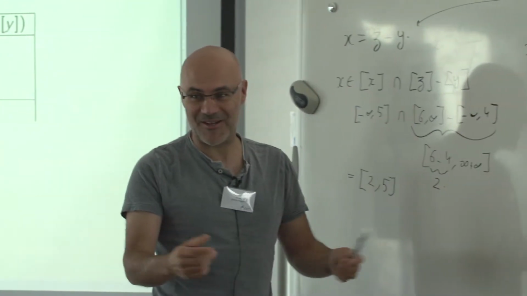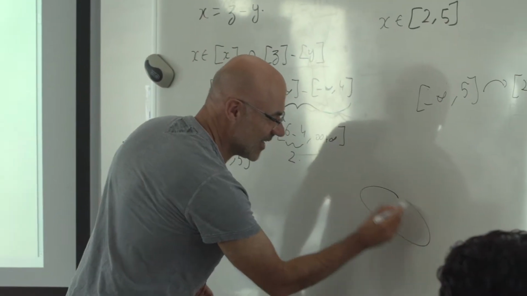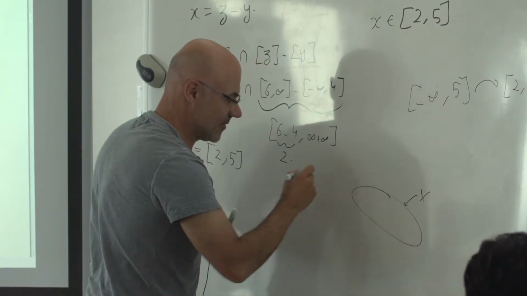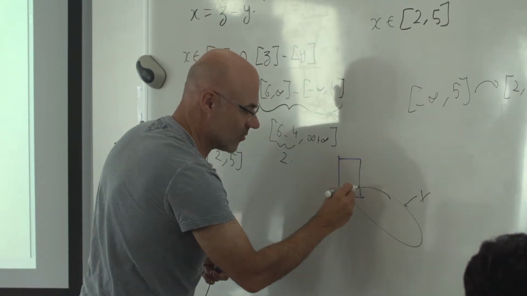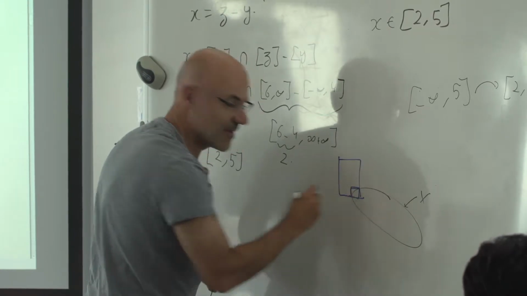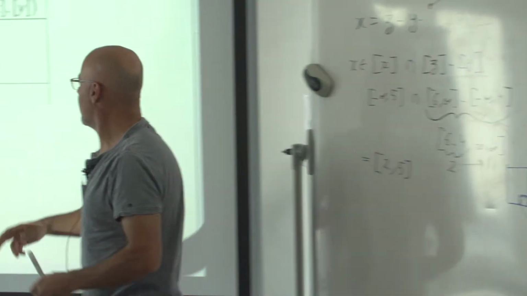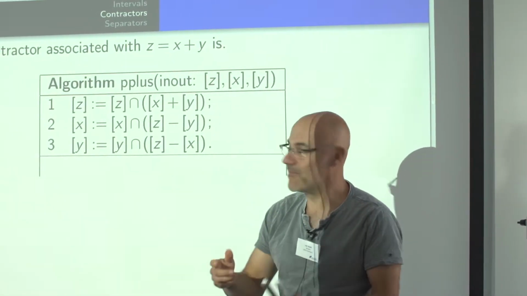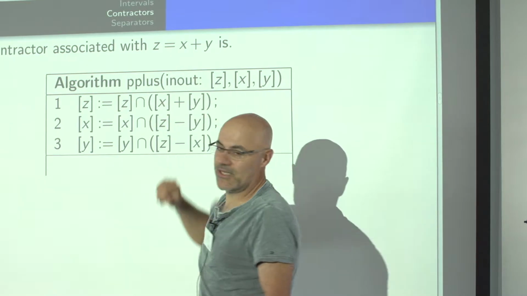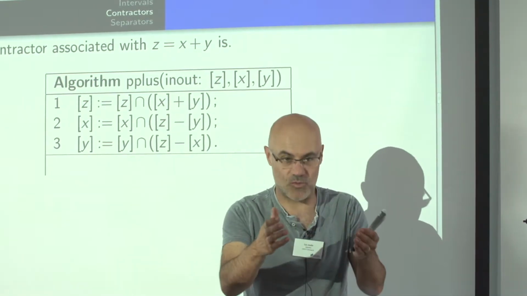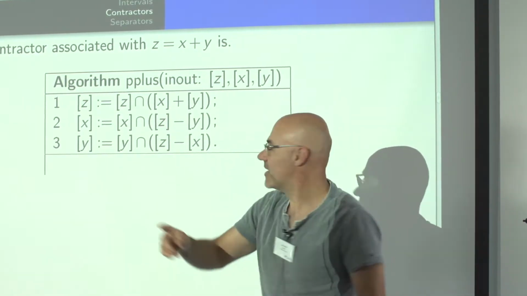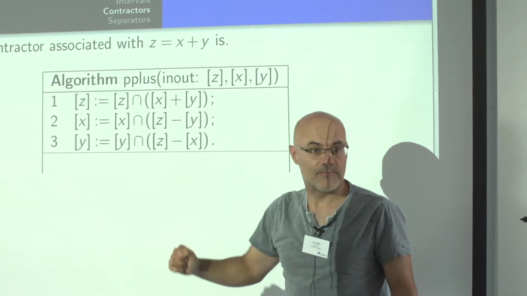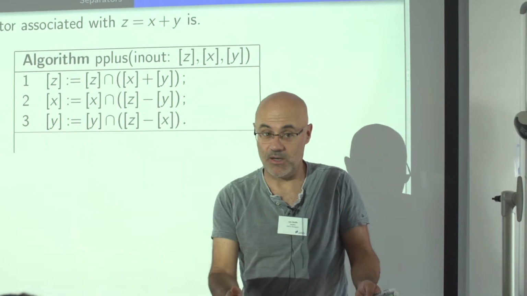But I cannot explain all, but you can understand that if x is here, a minimal one will return this one. There is a theorem which tells you that if x, y, and z occur at most once, no more than one, then the contractor will be minimal. So if it is minimal, it is idempotent.